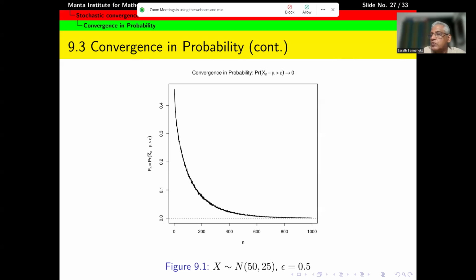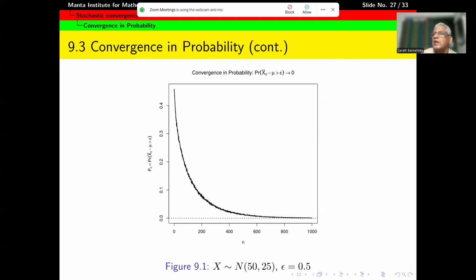So for a fixed n, I calculated xn bar, and I know the mean is equal to 50. I did this again and again 10,000 times for that fixed sample size n. For example, take a sample of size 5, calculate x5 bar, and look at the absolute value of the difference between x5 bar and 50. I have taken epsilon to be 0.5 here.